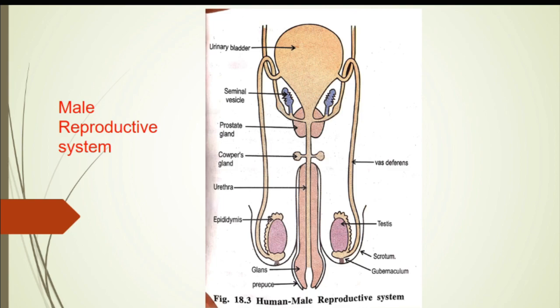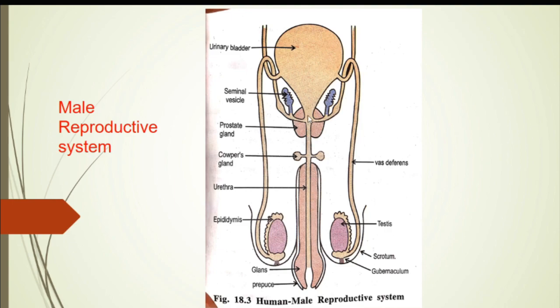Then next to the vasa deferentia you can see the ejaculatory ducts. From here up to here is one ejaculatory duct, and from here up to here is another ejaculatory duct. And the final one is the urethra. From here up to here, this whole structure is called the urethra.